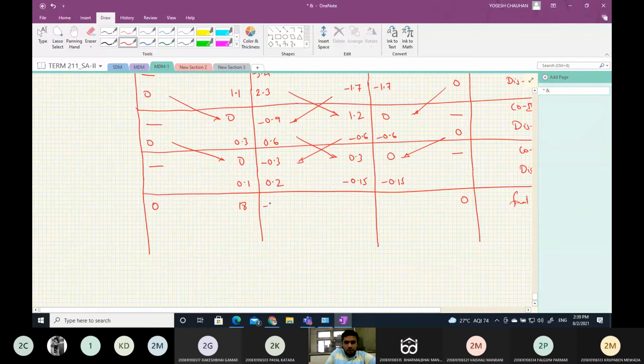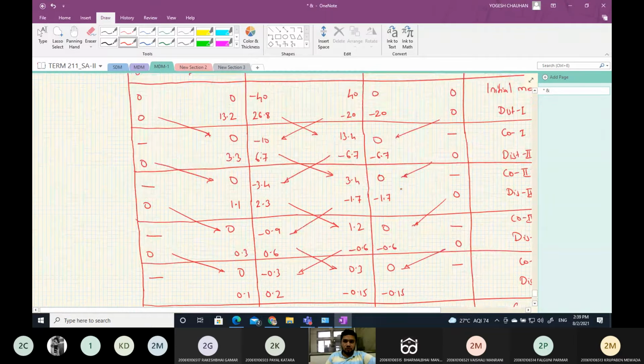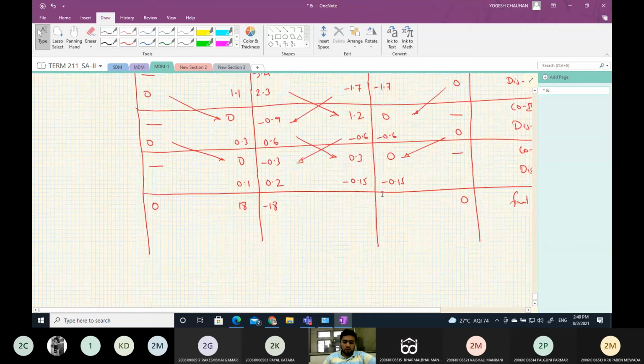Similarly, you will have minus 18 here. This will be 29.15. This will be minus 29.15.